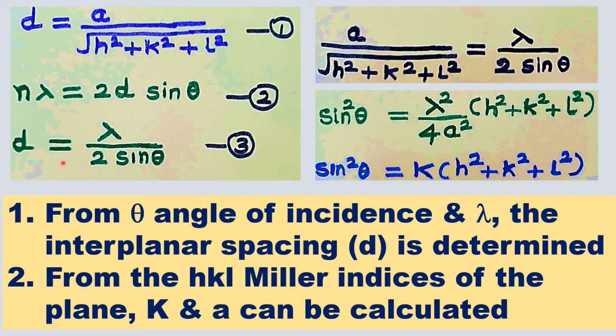The interplanar spacing, for example d100 for the 100 plane, can be obtained from the glancing angle and the wavelength of X-rays used.